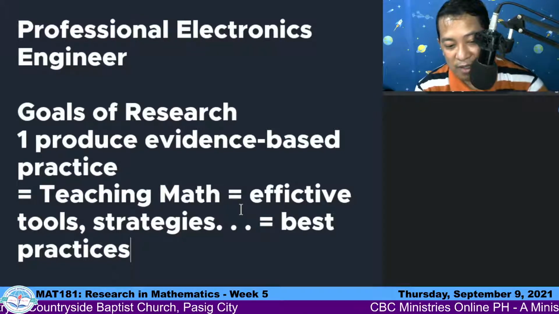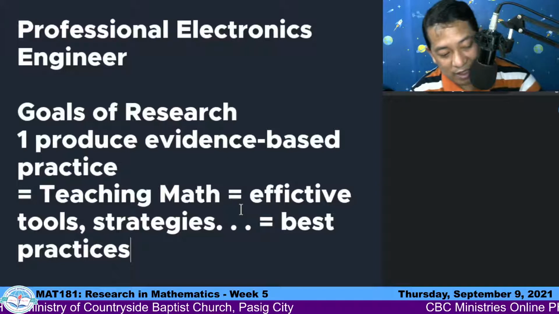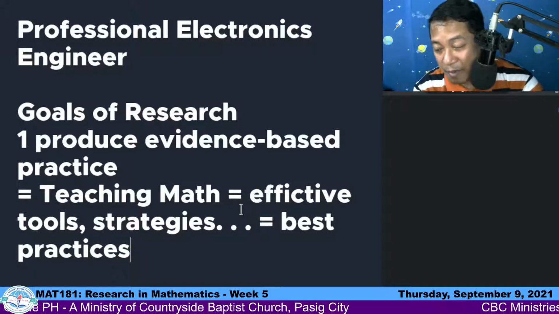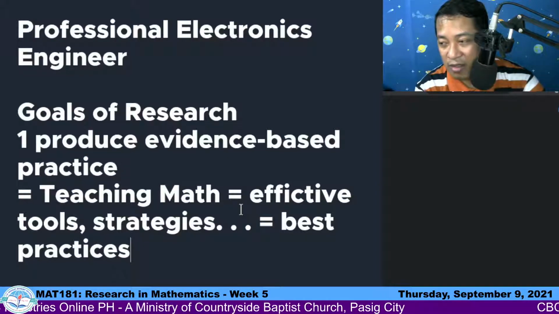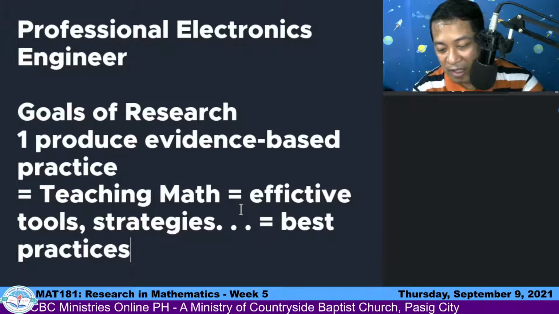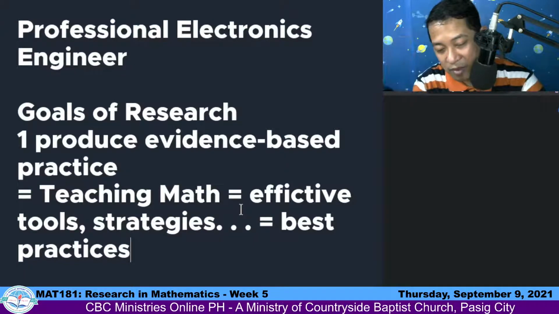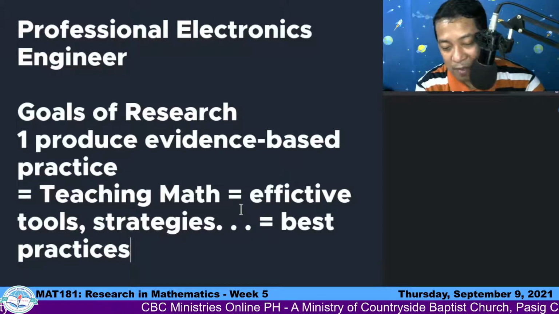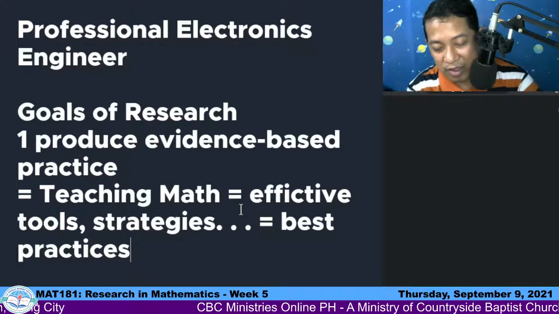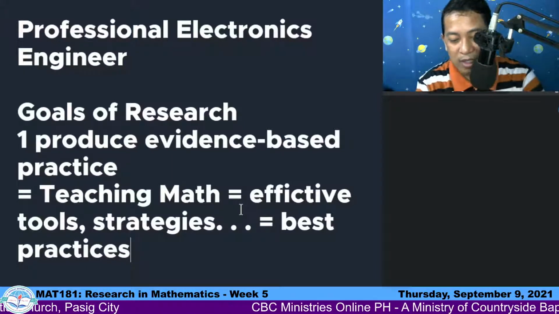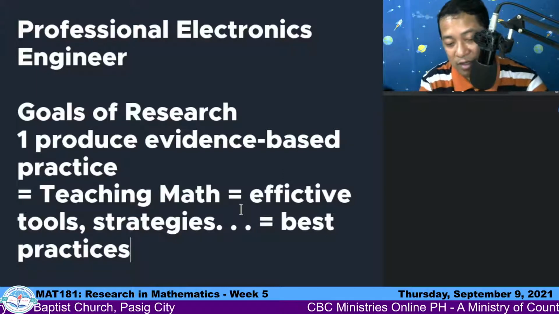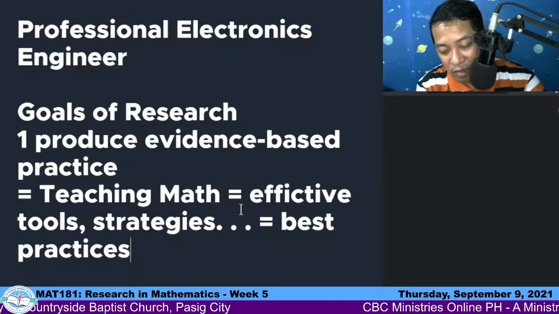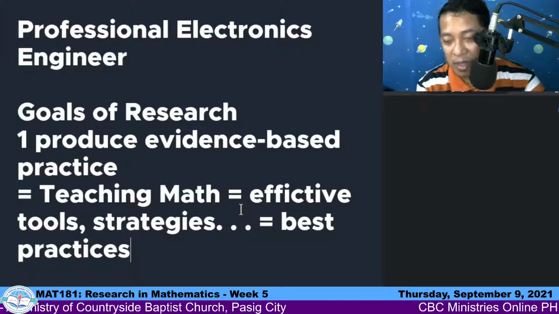Ayan po, so effective tools, best practices. So mahalaga yan, yung mga approaches, methodologies. Perhaps minsan maimbitahan ka sa isang seminar na hindi mo alam yung population. Perhaps you could ask what are the basic information of the audience so that you could interact with them more effectively. So yung mga ganong approaches.